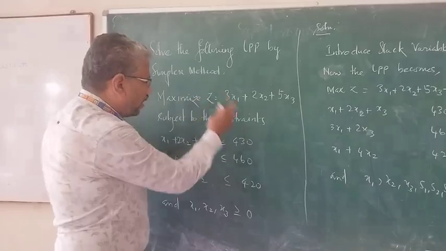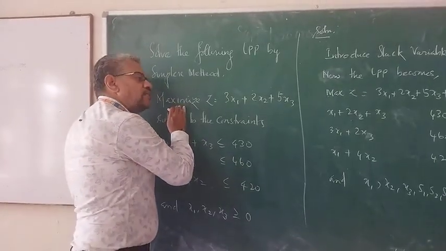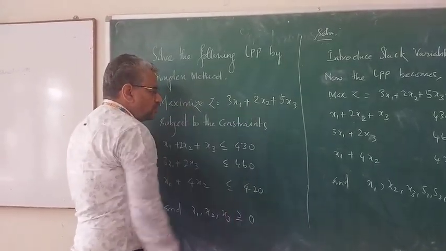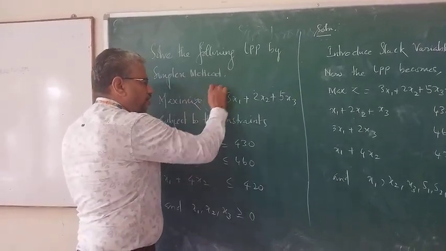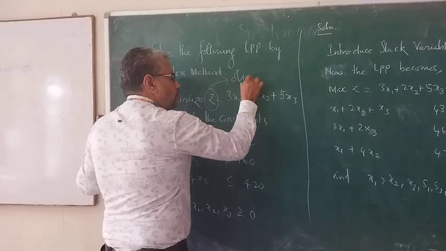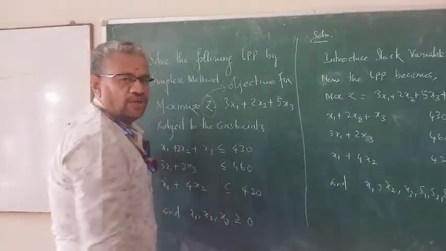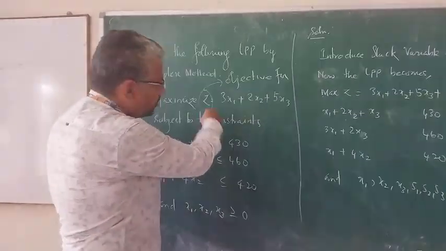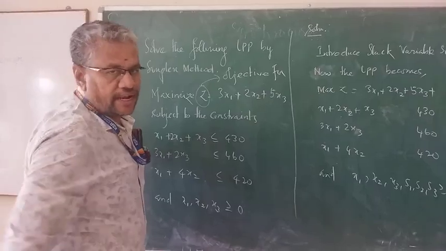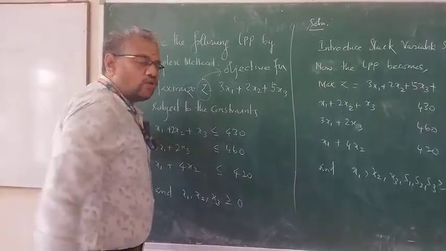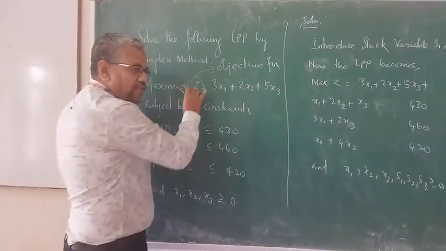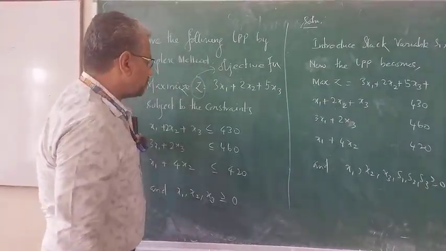LPP will contain three components. First one is the objective function. So Z is called the objective function, which we are going to maximize or minimize. Suppose the cost or expense is given, then we will have to minimize it. Suppose profit or sales is given, then we will have to maximize it.